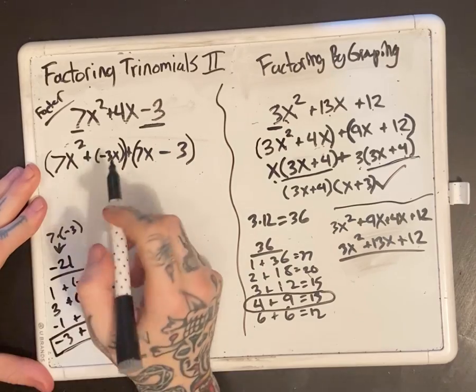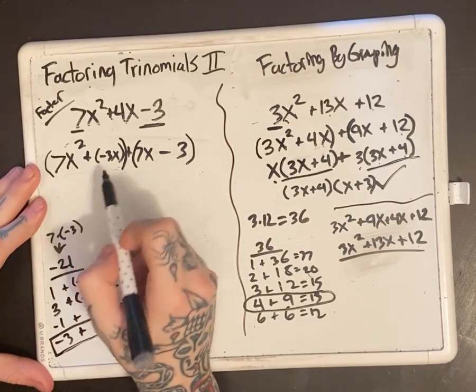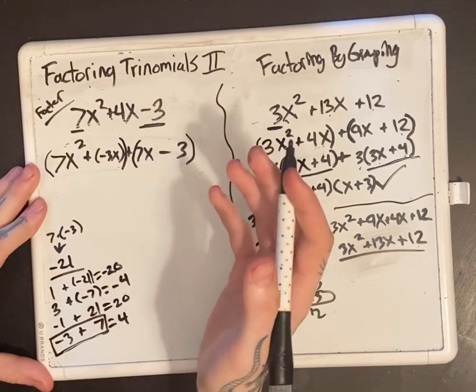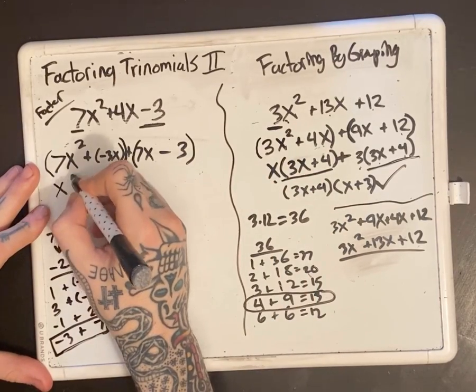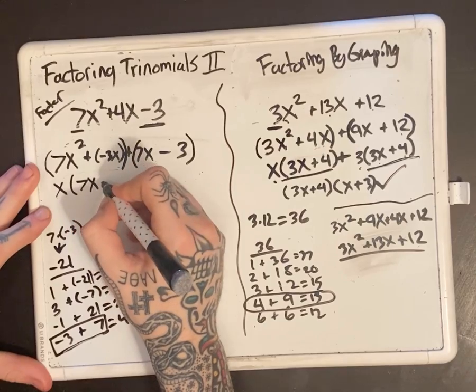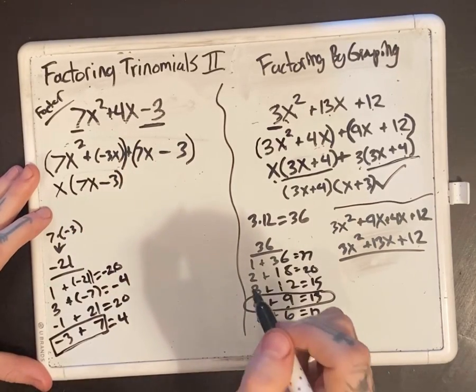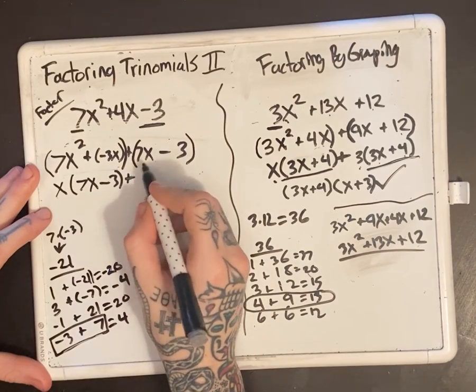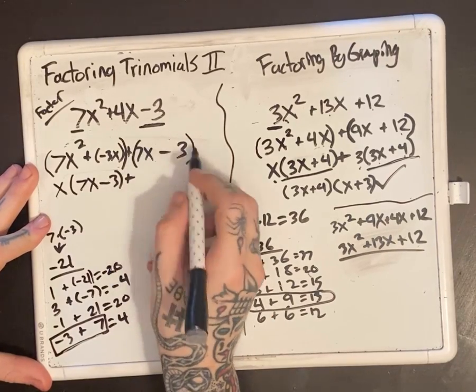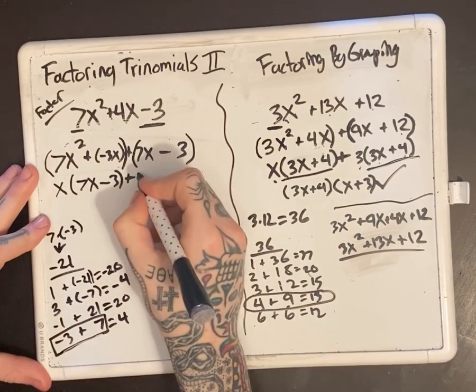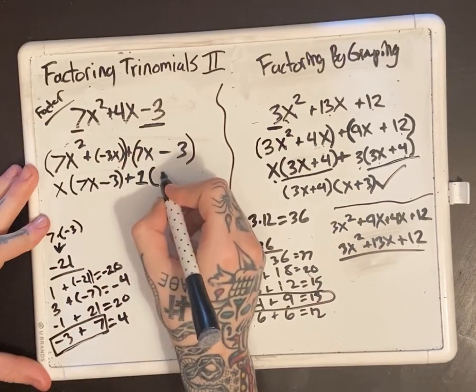Now I'm going to find common factors for this one and this one. Here 7 and 3 are prime, so all we have is an x. So it's going to become 7x minus 3. Now, we already have a 7x minus 3, and there are no common factors over here. But we have to remember there's always an implied 1 in front of parentheses.